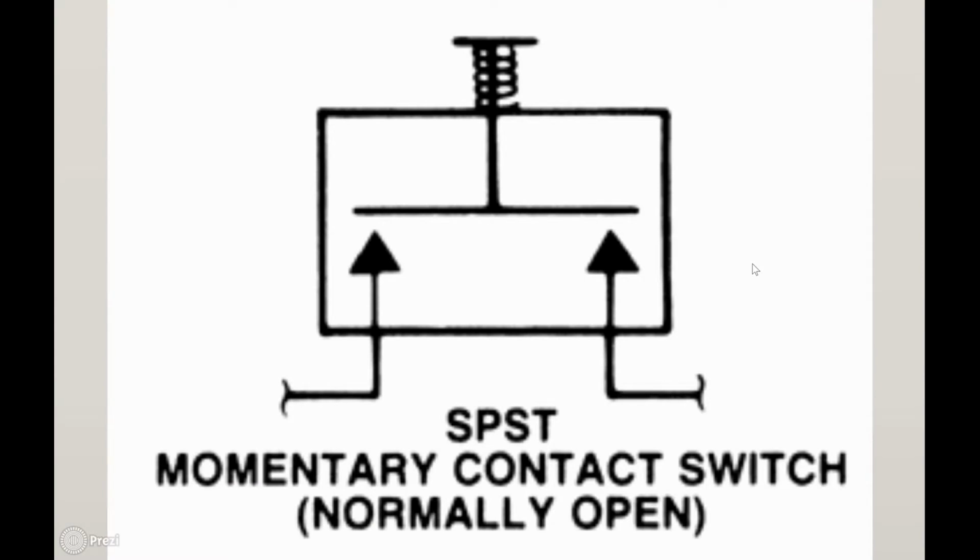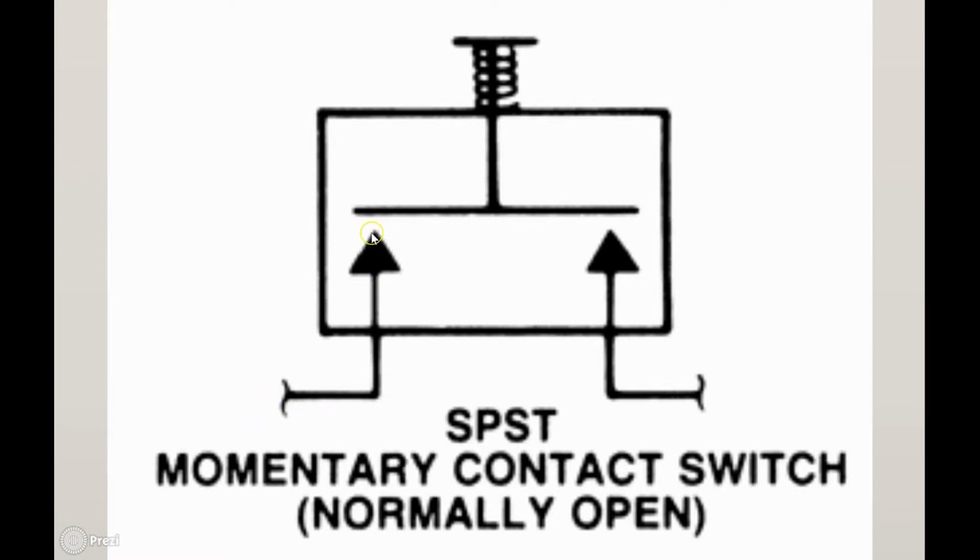Momentary contact switch. Current flows from here and up to this little pointer right here. This is a spring, indicating a spring, and when you push down on this button, this whole upside down T here comes down and makes contact with this arrowhead and that one. And so current flows in up to here.